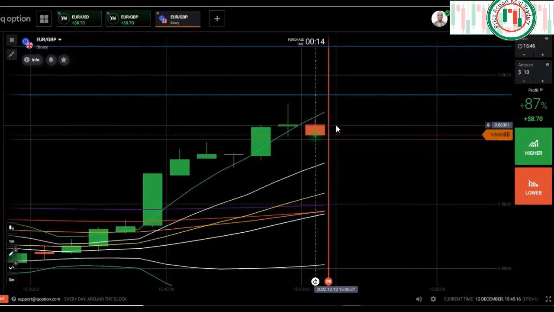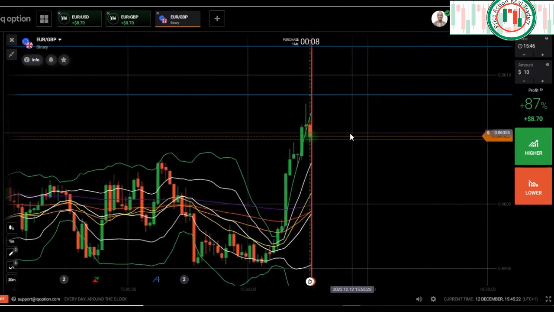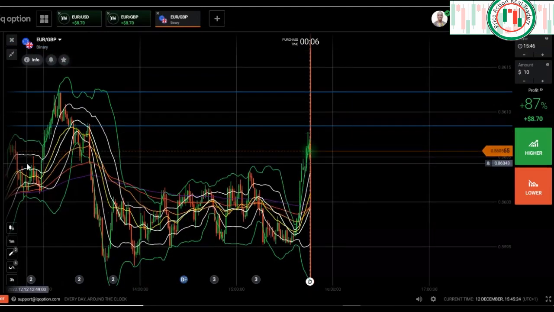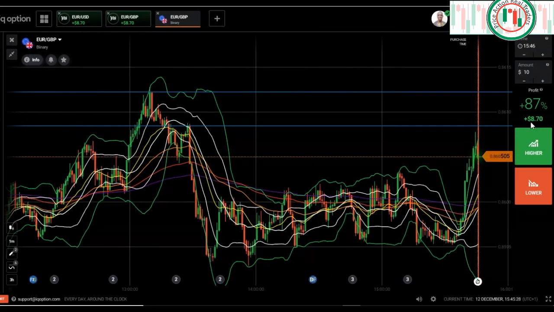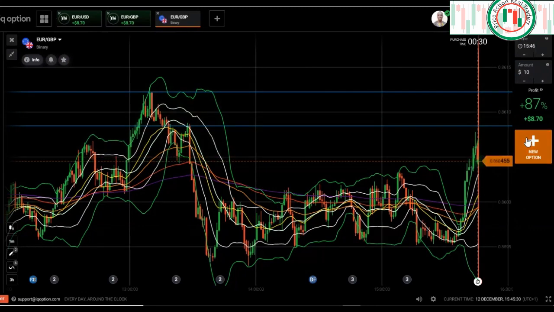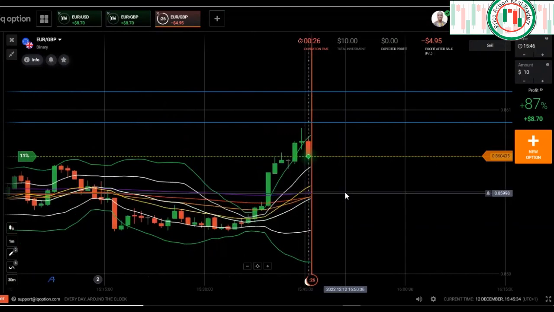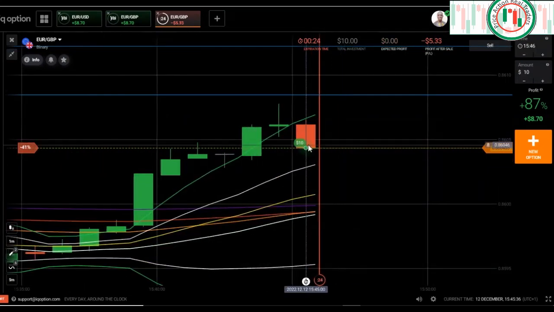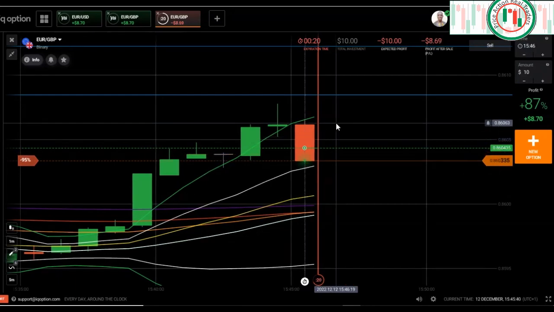So here I will wait now. Yes, I place call option. Yes, I place my trade, call option, here because I know market must reject here and close above my entry point.